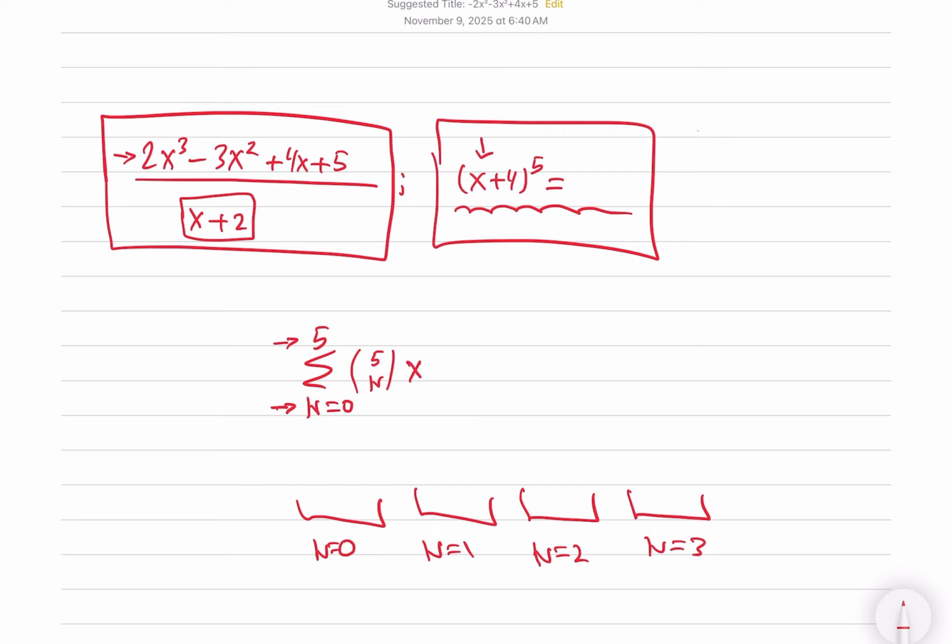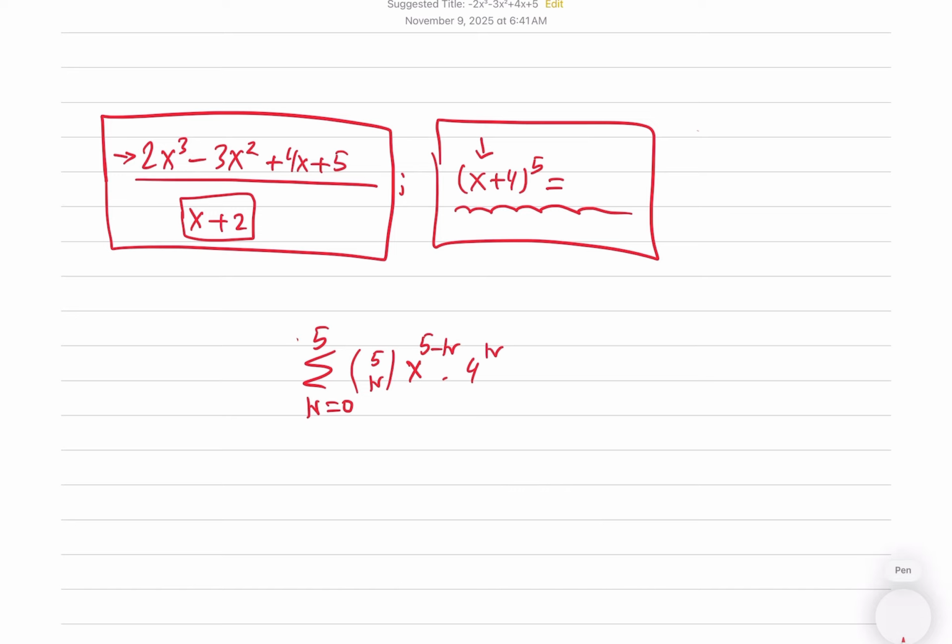It's x, right? You write down x, and you simply write 5 minus k. What's the second term? It's 4, right? You write down 4, and you raise it to the power of k. It is that simple. Let's plug in the values.